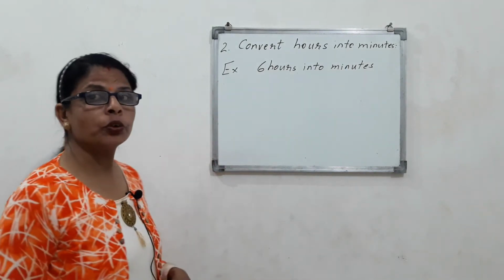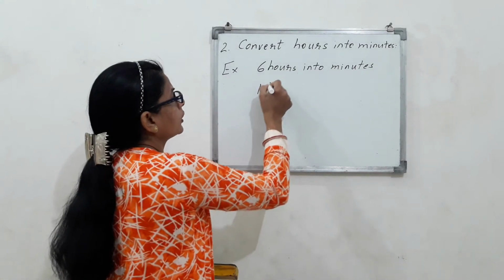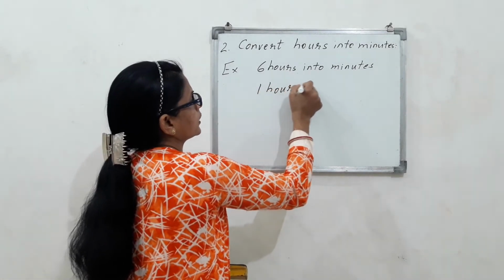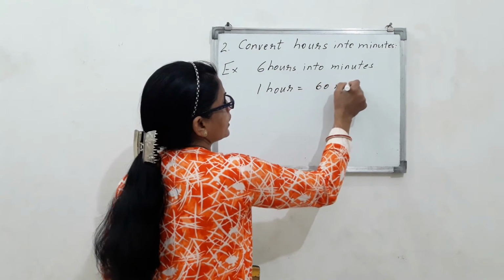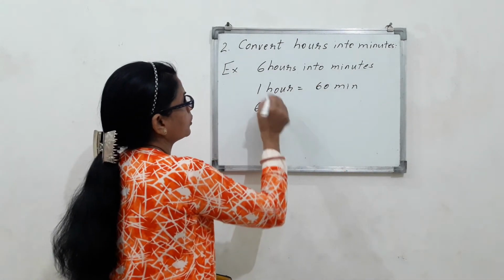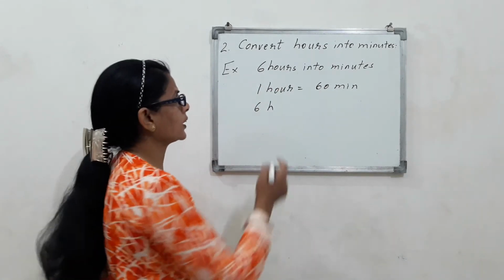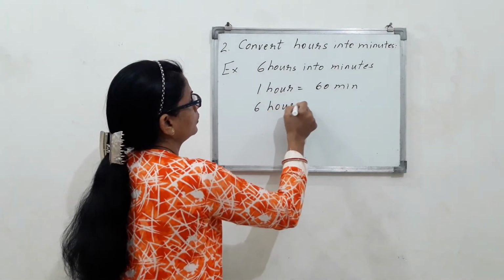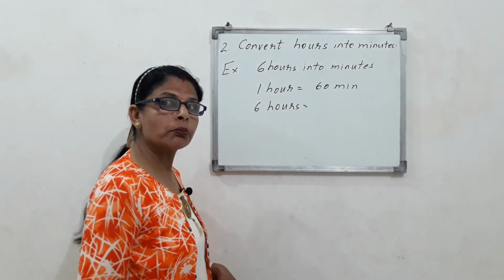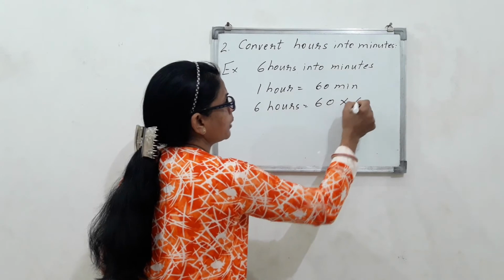So all of you know that in 1 hour, how many minutes are there? In 1 hour, there are 60 minutes, right? So in 6 hours, you have to find how many minutes there are. So 6 hours is equal to, what you will do? You will multiply 6 by 60.